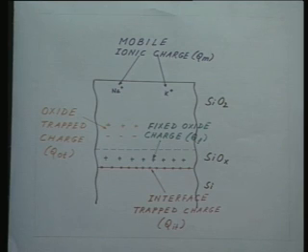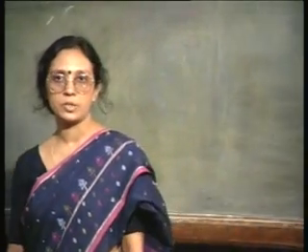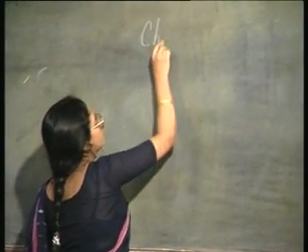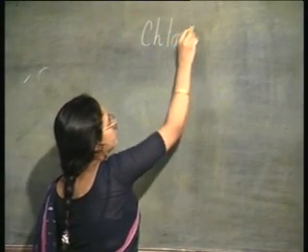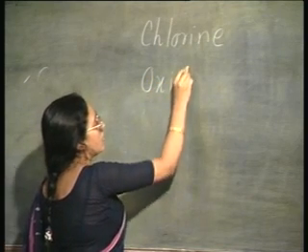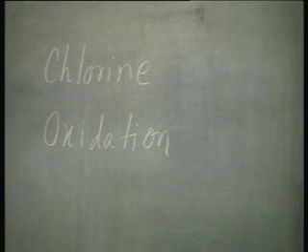So, it is very important to reduce the mobile ionic contamination, and one very interesting way to remove or fix this mobile ionic impurity is by doing chlorine oxidation. In chlorine oxidation, one uses a small quantity of chlorine in the oxidizing ambient.